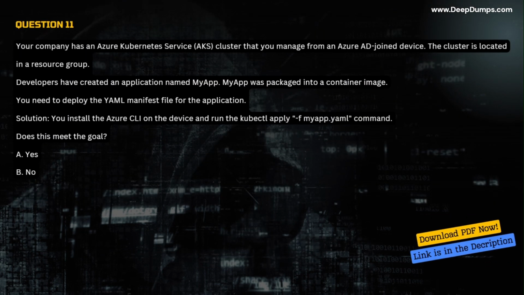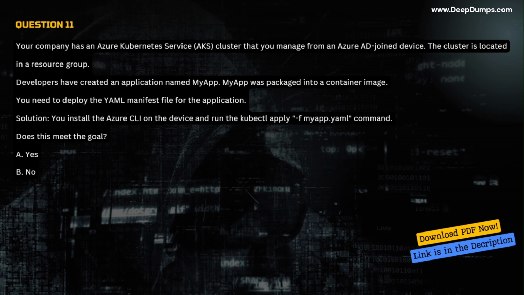Question 11. Your company has an Azure Kubernetes Service (AKS) cluster that you manage from an Azure AD joined device. The cluster is located in a resource group. Developers have created an application named MyApp. MyApp was packaged into a container image. You need to deploy the YAML manifest file for the application.